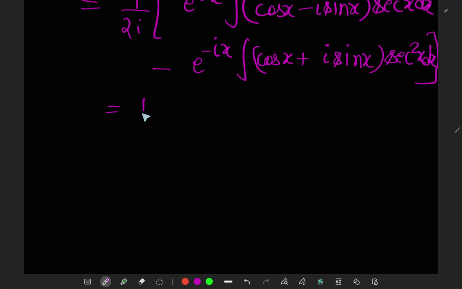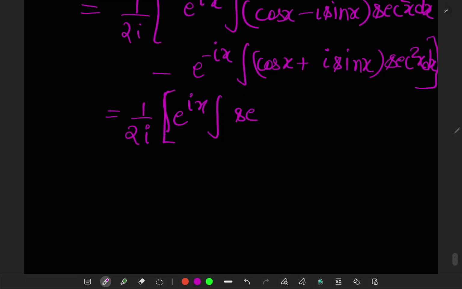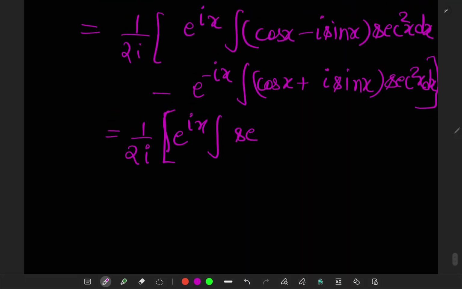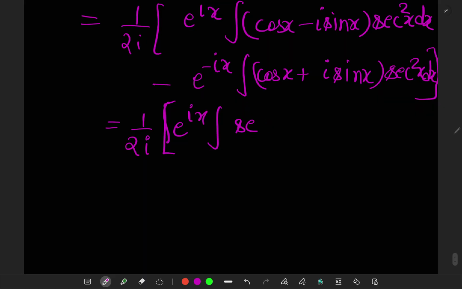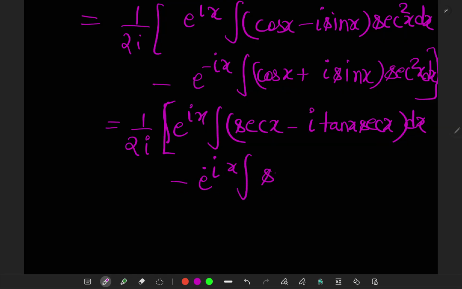Now multiply this sec square x, we get here sec x minus iota tan x sec x dx. Similarly for this, we get sec x plus iota tan x sec x dx.